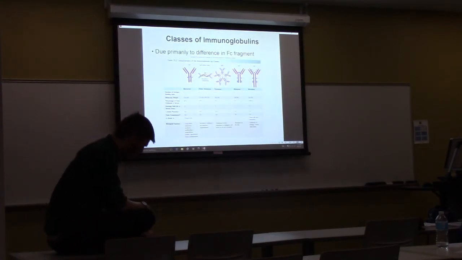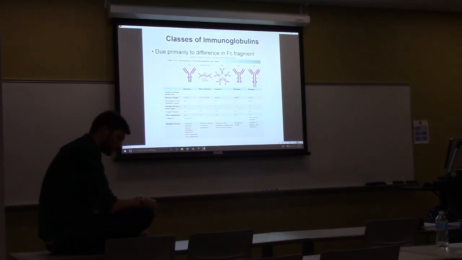What about IgM? Where do you find IgM? The blood. It's the first antibody to be produced, and it's 5 IgM stuck together, which means it's really good at complement fixation and agglutination.